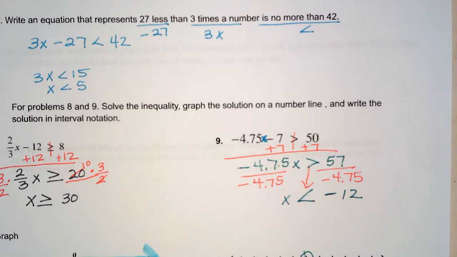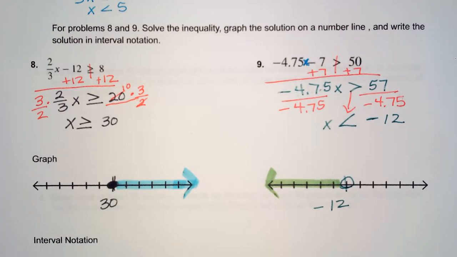Which side do I shade? Well, the pointy end goes to my x, so all my x's are smaller than negative 12. So looking at these two graphs, hopefully you were able to get them. The last thing we do for number 9 is the interval notation.